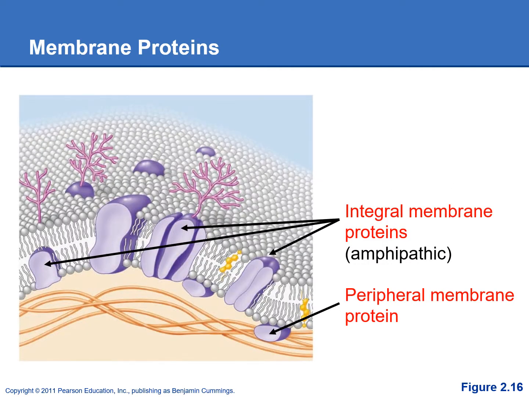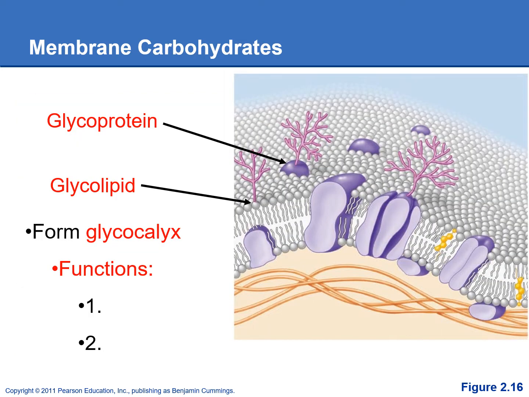And then this is just showing you, again, the integral membrane proteins and the peripheral membrane proteins. And then this is showing you the glycoproteins and glycolipids. And these carbohydrates that are on the outer surface of the membrane will form the glycocalyx.